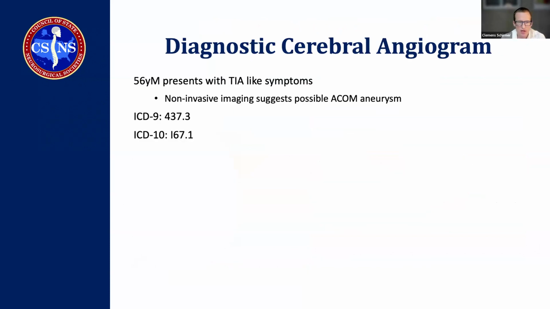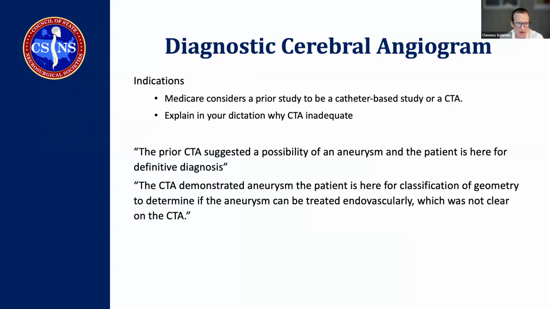To make an example of a diagnostic angiogram, this is a patient with a TIA. The ICD-10 code for this is I67.1. And as I mentioned before, you need to demonstrate that you actually need to do this, so there's an indication for this. Medicare considers a prior study, a catheter-based study, or a CTA.